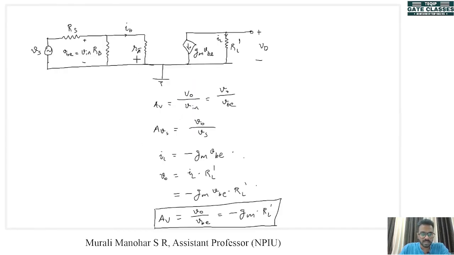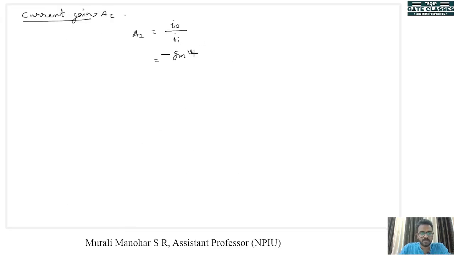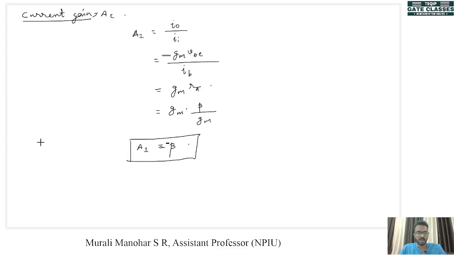We know that I in is IB and IL is minus GMVBE, so AI is minus GMVBE divided by IB. VBE by IB is R pi, so AI is minus GM into R pi. And we also know that R pi is beta divided by GM, so this becomes minus GM into beta divided by GM, which is equal to minus beta. This is the current gain of this amplifier.